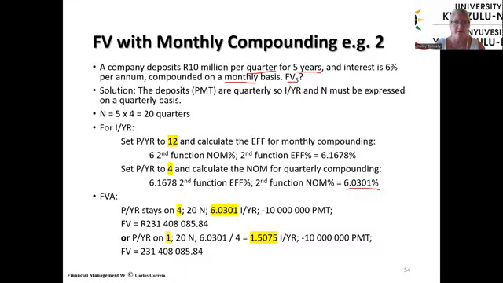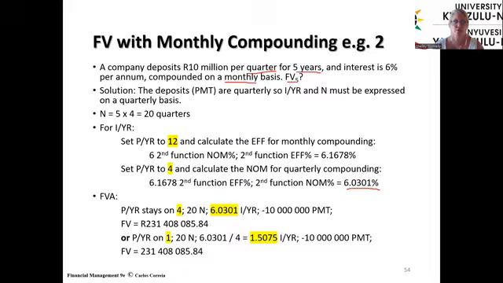So we're going to keep our PYR setting on 4. We're going to enter 20 as our N, this nominal rate of 6.0301 as our percent. The calculator is going to divide it by 4 because of the setting here. Minus 10 million is our payment, our quarterly deposits, and we hit FV.